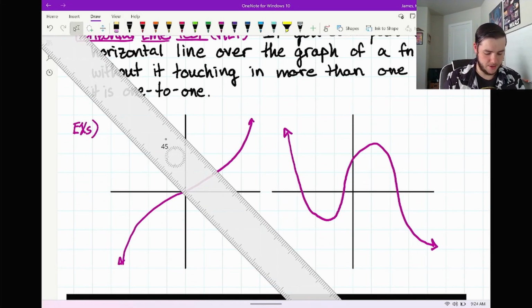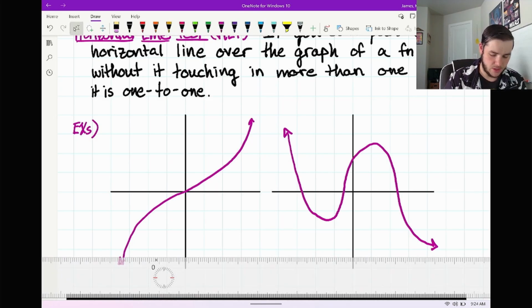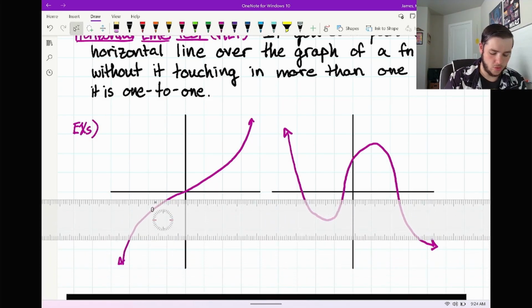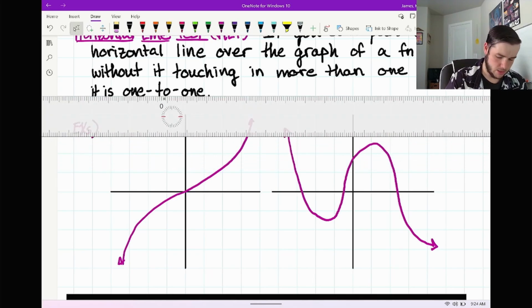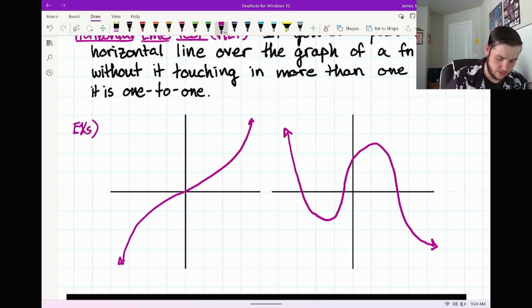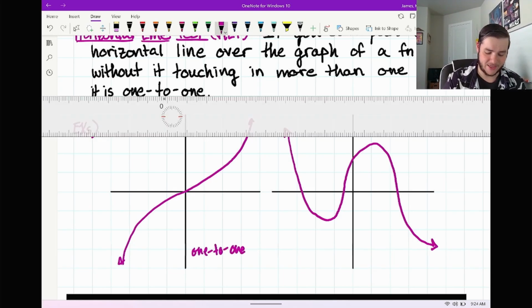The one on the left here. Notice that I can pass a horizontal line over the whole graph on the left without it touching the graph in more than one place. So this one is one-to-one. On the right, it's not the case though.